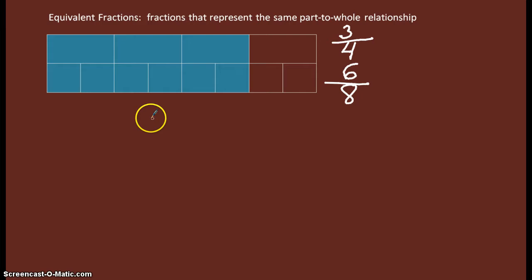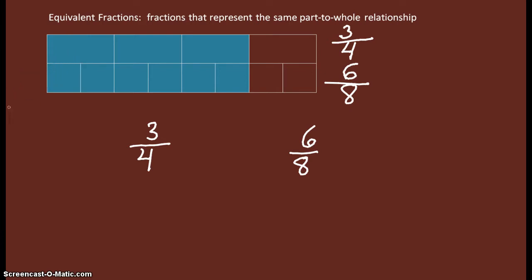Now, I'm going to write 3/4 here, and I'm going to put 6/8 over here, and then I'm going to explain a little bit of information that will help make it easier to come up with equivalent fractions without having to actually make the models for it.